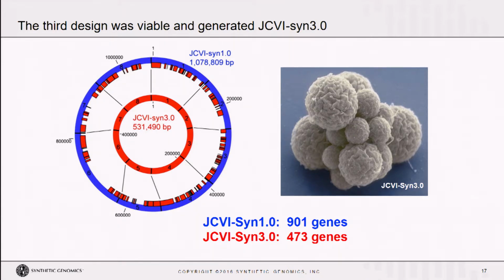To put this into perspective, Mycoplasma genitalium has the smallest genome known in nature, with a genome size of 580 kb. So we've been able to build a genome and show that it's functional, that is 50 kb smaller than that found in nature, and it grows about 5 times faster.